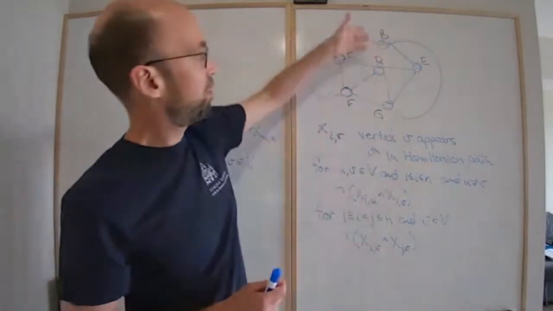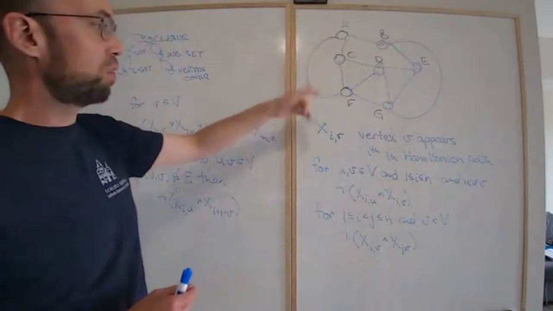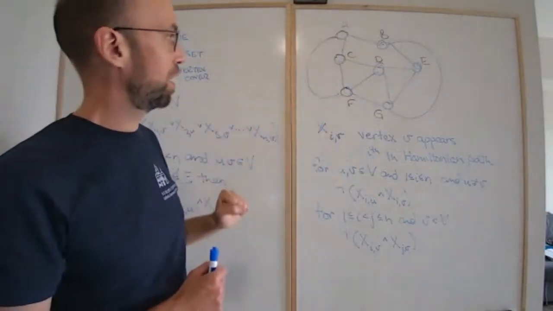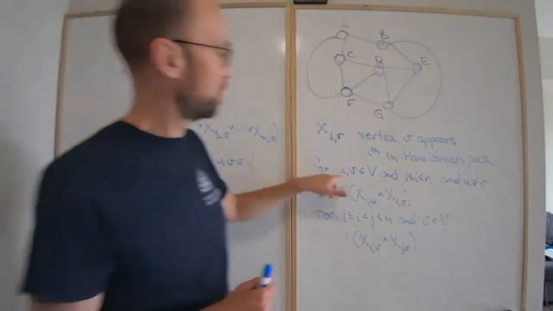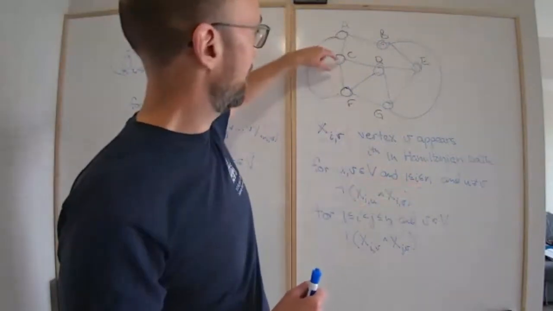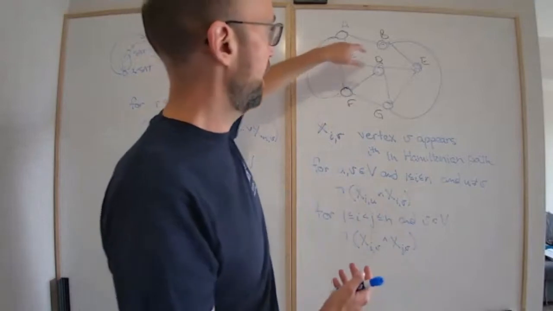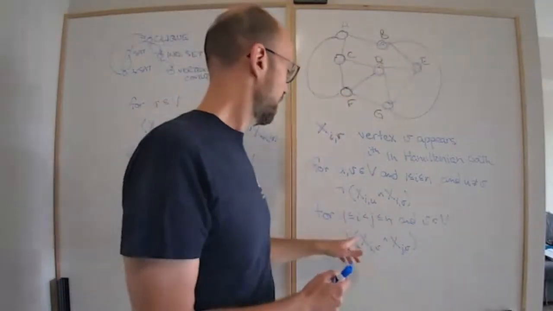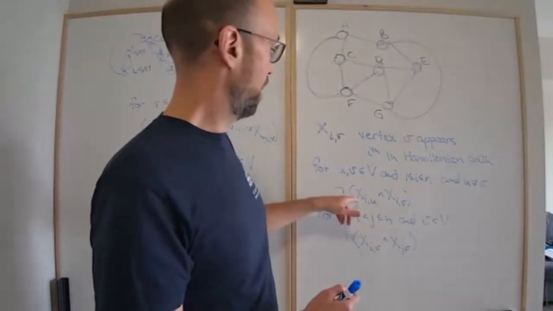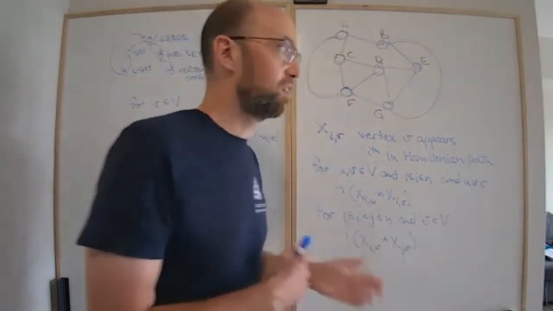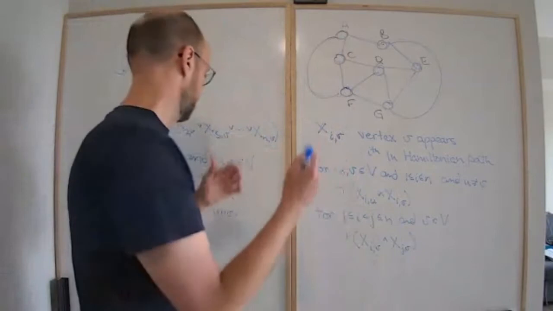So here, I could go through and put an example of each of these things with this graph, and maybe the scribes will do this, saying like, okay, for u and v, it is not the case that C is the fifth vertex and E is the fifth vertex as well. It is not the case that C is the fifth vertex and C is also the seventh vertex.